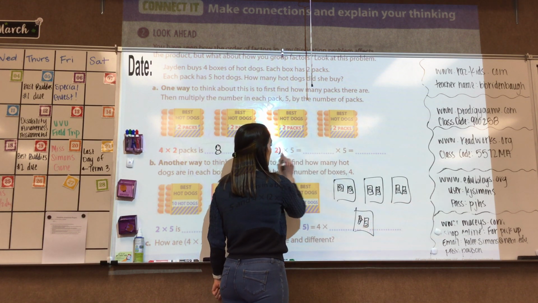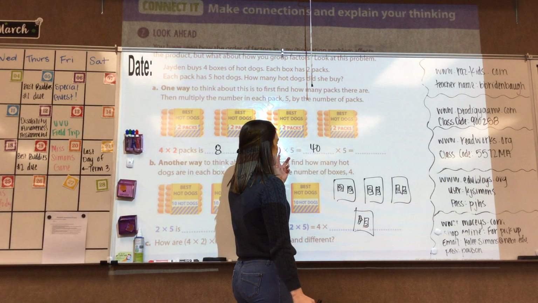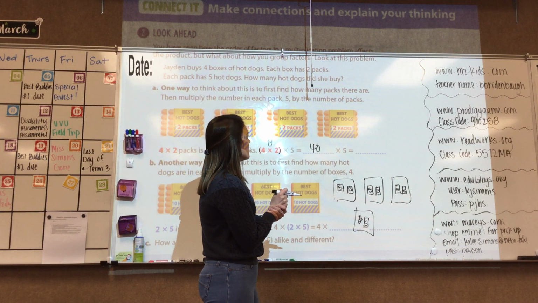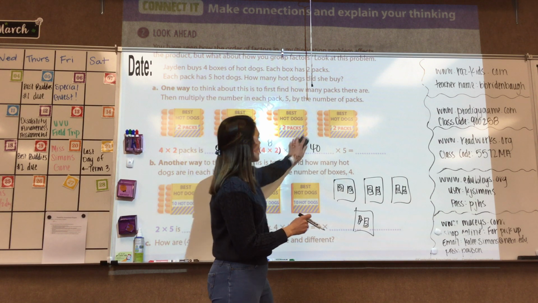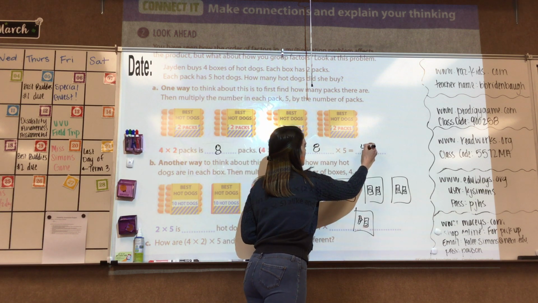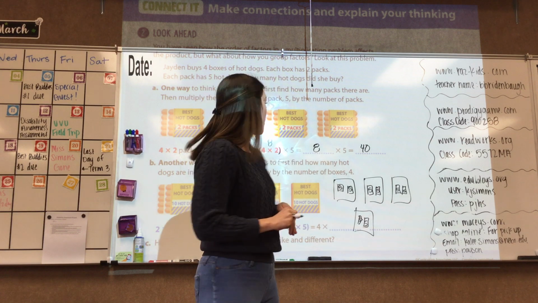Okay? So that means 8 times 5 is 40. You can also show that by doing 8 groups of 5. Oh, whoops. Sorry, I wrote the wrong thing. This 8 needs to go right here. 8 times 5 equals 40. So altogether, there are 40 hot dogs.